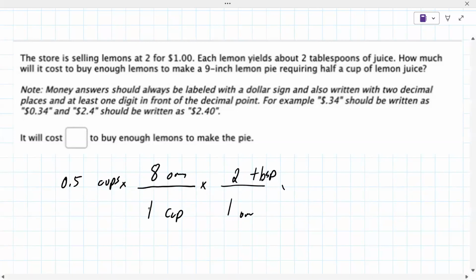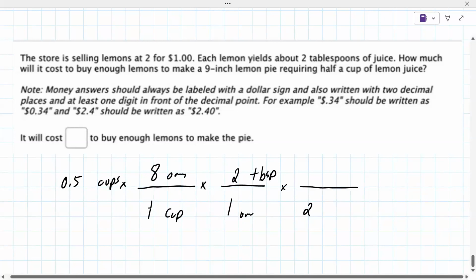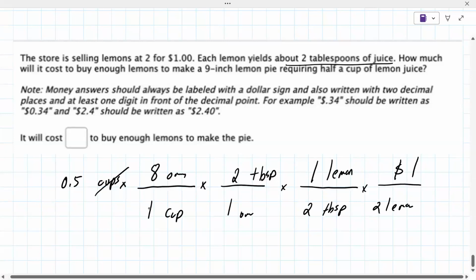And then we know that 2 tablespoons of juice is in 1 lemon. That's from the given there. And then we know that 2 lemons cost $1. So you see the cups cancel with cups, ounces cancel with ounces, tablespoons cancel with tablespoons, lemons with lemons, leaving just that for your final answer.